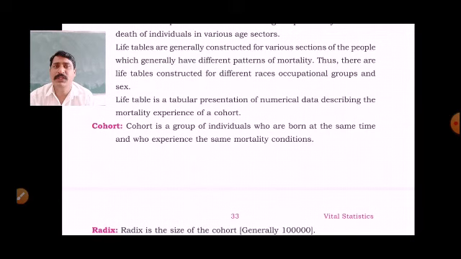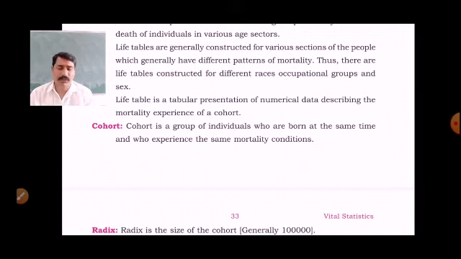And they mention the term cohort, the mortality experience of a cohort. Then what is a cohort? A cohort is a group of individuals who are born at the same time and who experience the same mortality conditions. Born at the same time doesn't mean according to the clock. It is one particular time span, for example one year, 2001 January 1 to 2001 December 31.